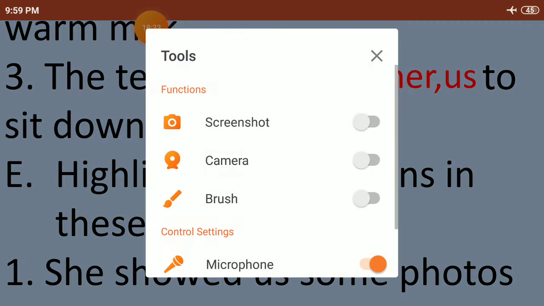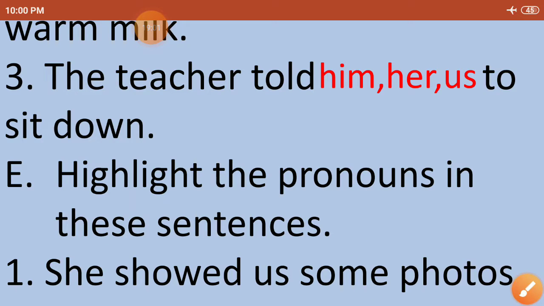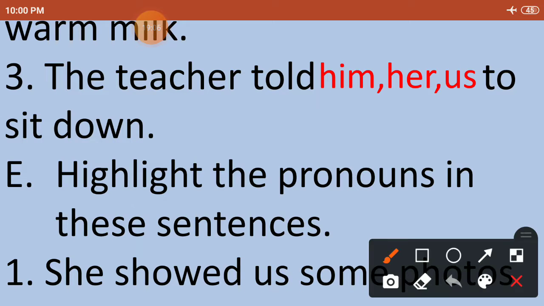Now, let us see the next question. She showed us some photos of China. Now we have to highlight the pronouns in the sentence. So which is the pronoun? She. She showed us some photos. So one more pronoun is there, which is that?